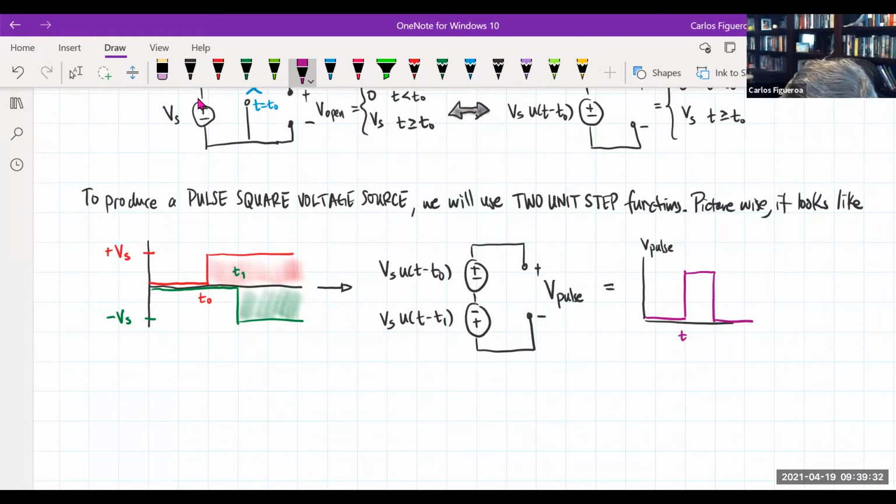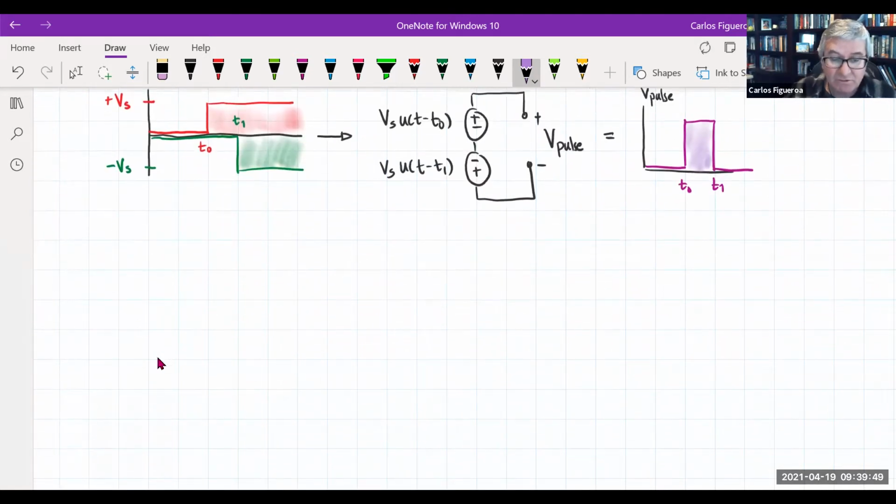And of course, this is T initial, this is T1, and so now I have my step source right there. So I can produce these guys, which will be very useful. Okay. So I just wanted to introduce those briefly here.